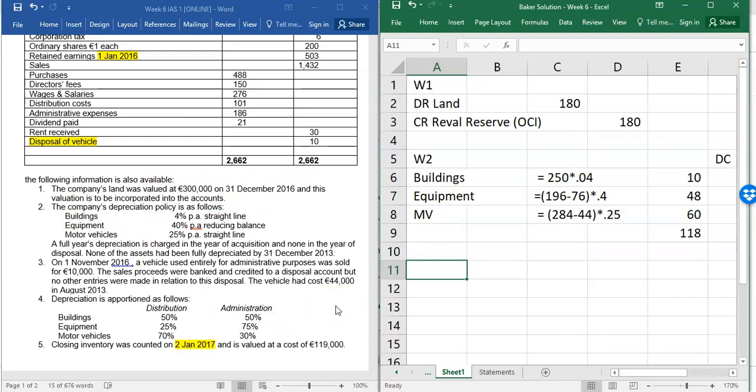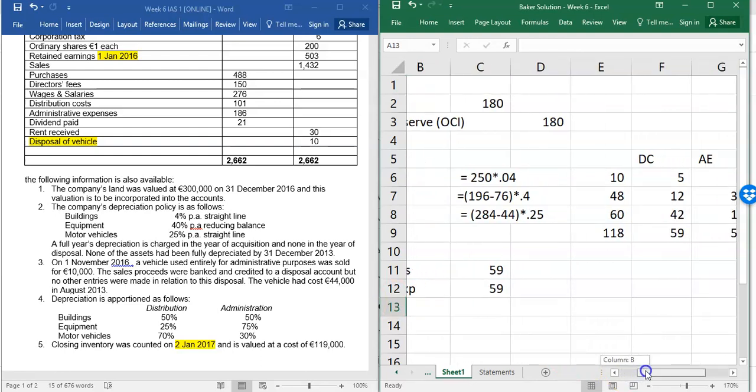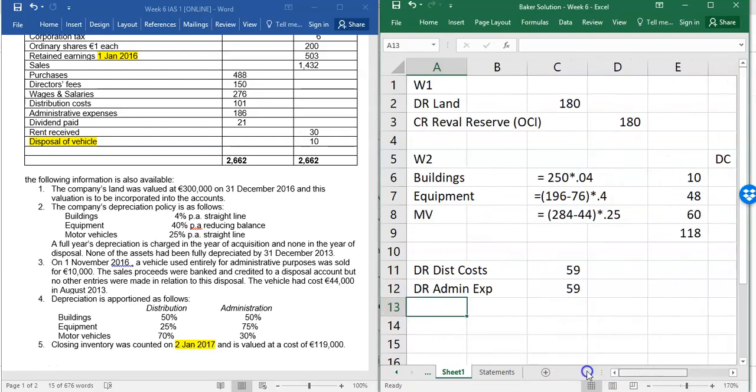So what are your debits and credits then? Well, we're going to do overall debits and credits. You're going to debit your distribution costs, that 59. You're going to debit your admin expenses, 59 as well, because they are the two splits. So we're just trying to make it easier, not to do 7 or 8 different journals, just summarize them and add them up.